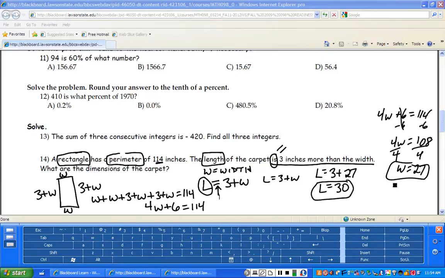So if you have a rectangle, okay, let me erase some stuff for us. Oh, here, I'll just write it up here. That's okay. We have our rectangle. Said our width is 27. That's going to be 27. 30 here. 30 here. If I add up the 30s, I get 60.